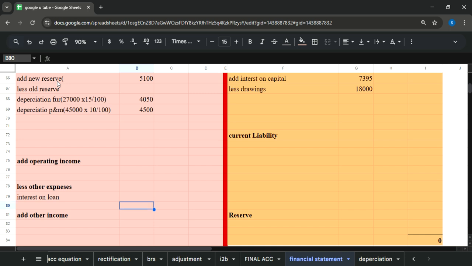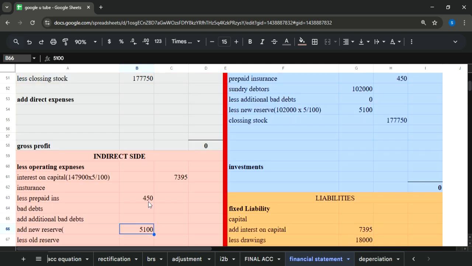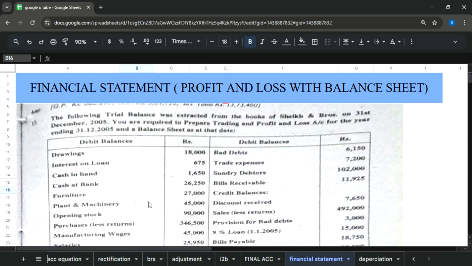Have you noted down what I have said? Interest on loan is on a row over here, but the amount we are writing in the lower row. Why? Because there would possibly be some adjustment of interest on loan. So we will wait.